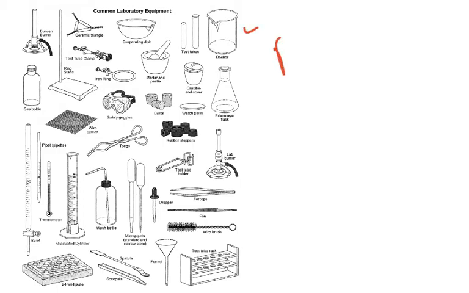The first one is the beaker. A beaker comes in different sizes. Then we have test tubes, the Bunsen burner, the mortar and pestle, watch glass, goggles.